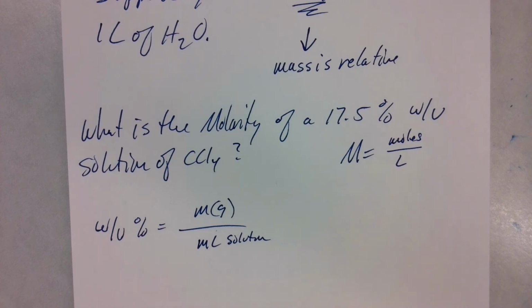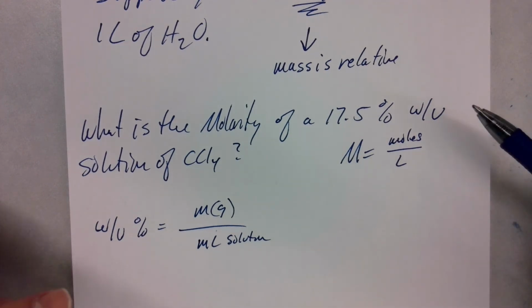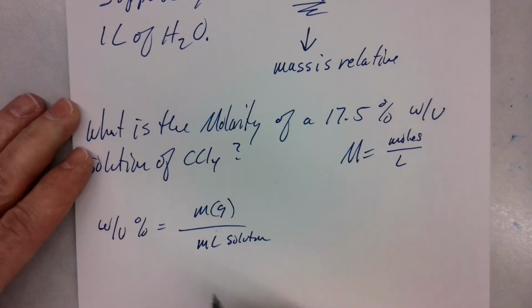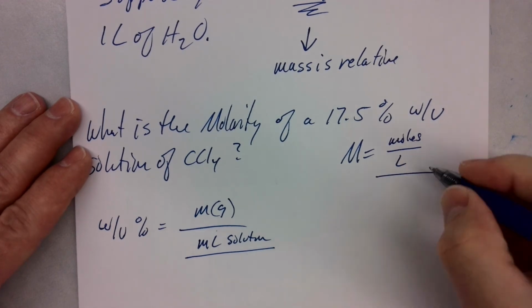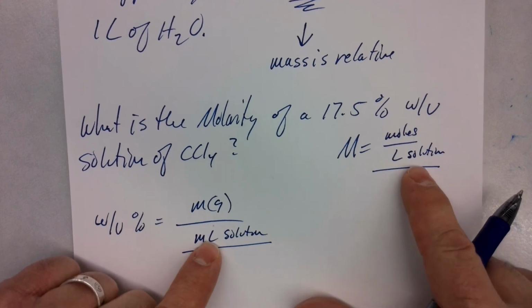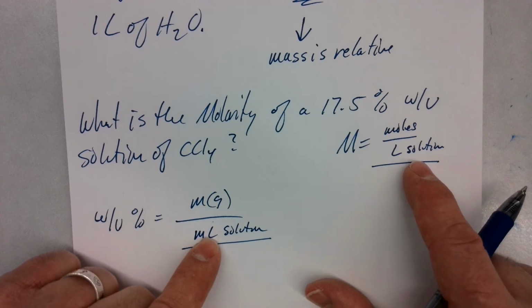Okay? Now, if you notice, both of these equations require what? This requires volume of solution. This requires volume of solution. Don't they both require a volume of solution? Right? Well, if I choose the right value here, it makes this problem easy.